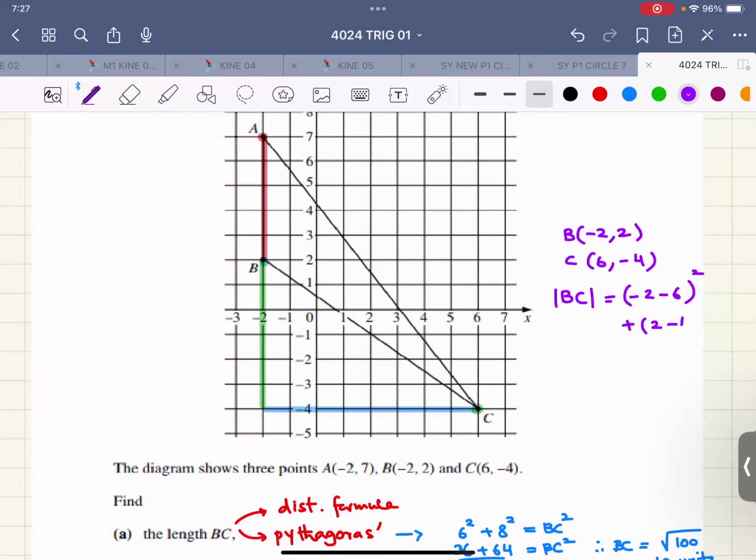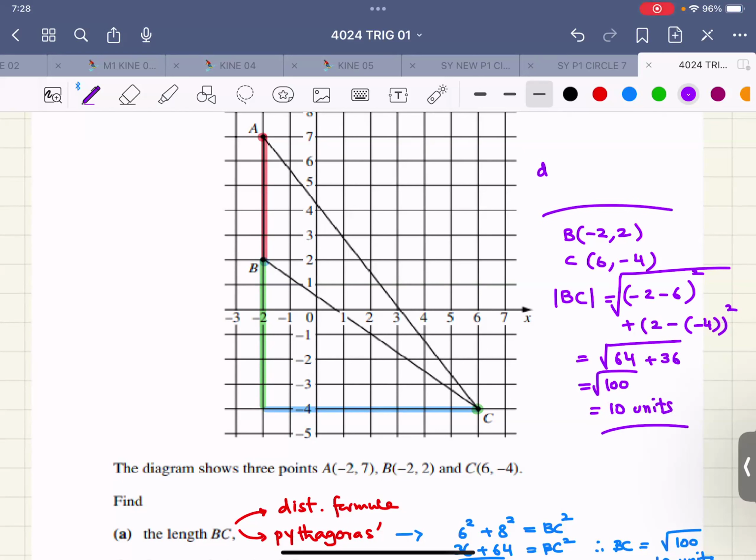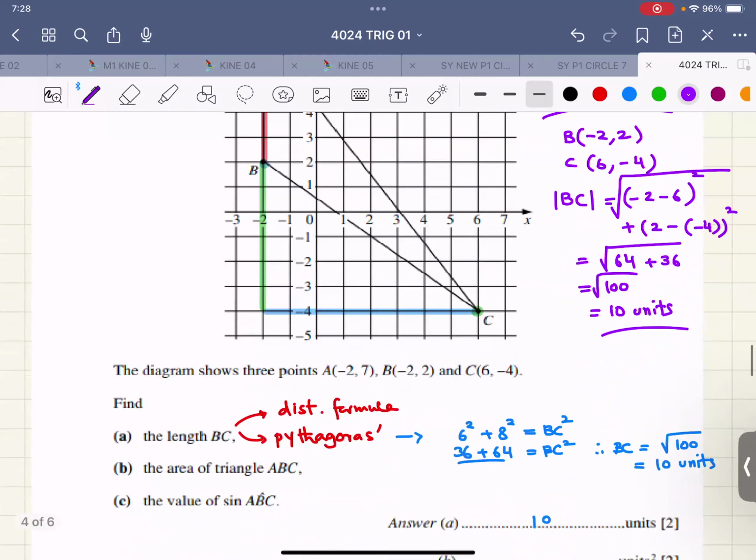And this is y2 minus y1, 2 minus minus 4 whole square, the whole thing under root. So this is negative 8 squared, which is 64, plus positive 6 squared, that is 36. 64 plus 36 is 100. Square root of 100 is 10 units. You get the same answer. So this is using distance formula. The other one is using Pythagoras theorem.